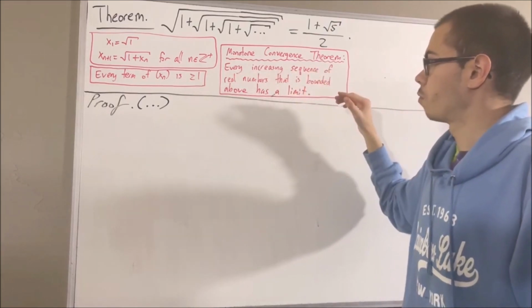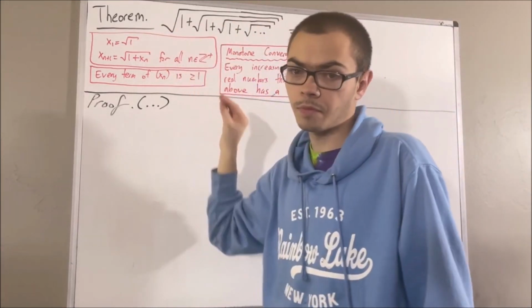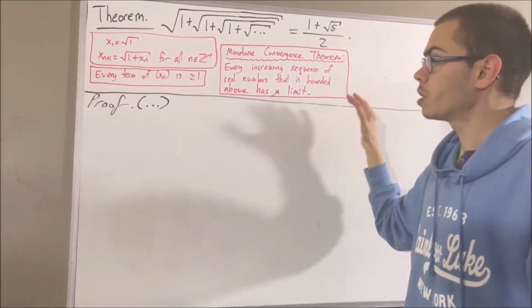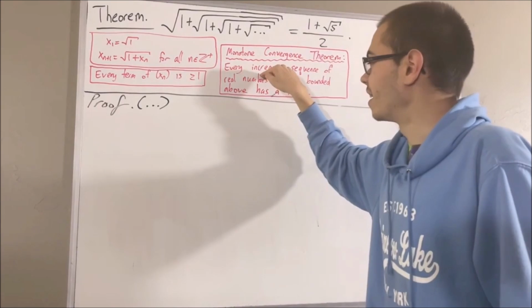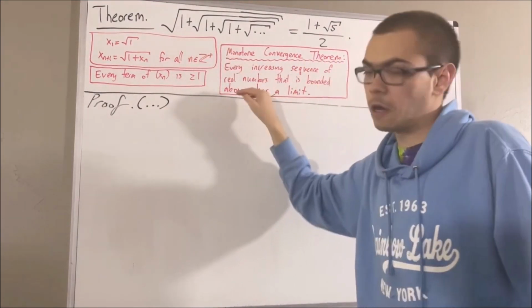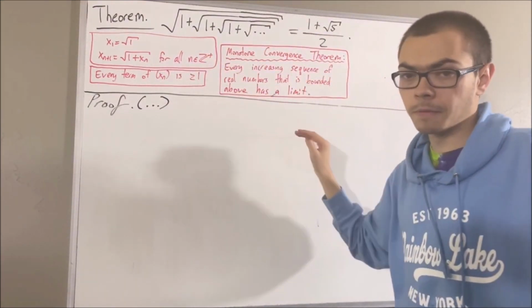But now, what we want to do is apply this theorem to show that this sequence has a limit. So what we want to show is that our sequence is increasing and our sequence is bounded above. Now, we're first going to show that our sequence is bounded above.